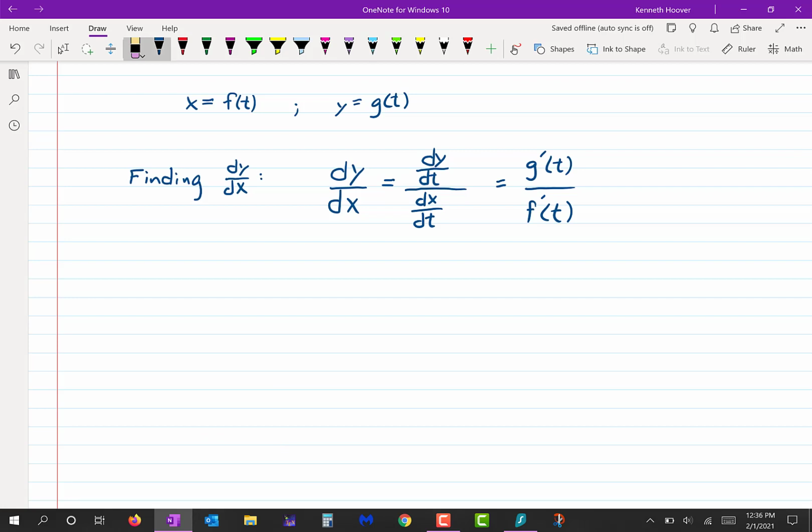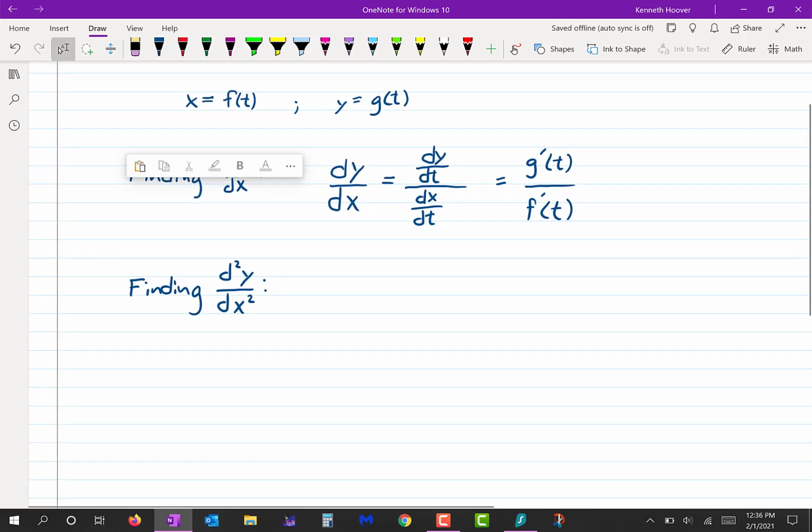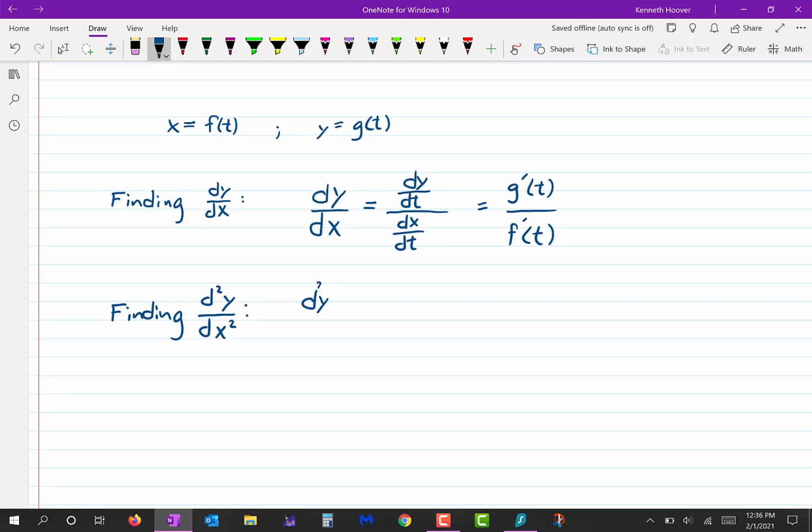So, finding the second derivative of y with respect to x. The key there is to remember that the second derivative of y with respect to x is the derivative with respect to x of dy/dx.